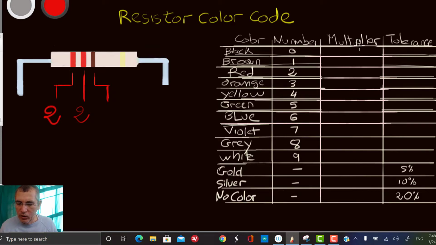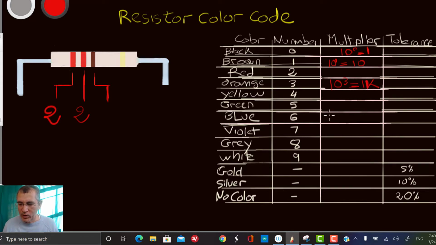On the multiplier, we take the number corresponding to the color and do, for example, 10 to the power 0. That's our multiplier, and that's equal to 1. For brown it is 10 to the power 1, which is equal to 10. Let's pick another number: orange is 10 to the power 3, which is equal to 1K, a 1 kilo ohm resistor.